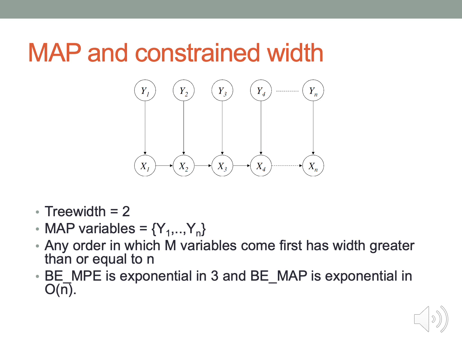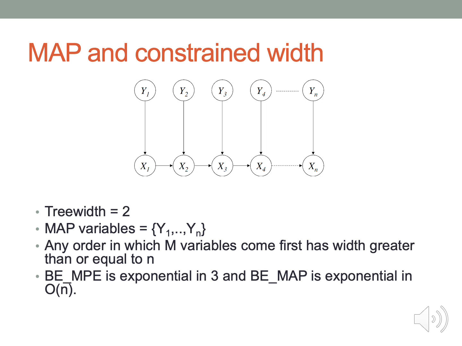Okay, thus computing MPE via bucket elimination, which I'm calling BE_MPE, will be exponential in 3, while computing MAP using bucket elimination, and I'm calling that algorithm BE_MAP, will be exponential in order of n. Okay, so one is exponential in a constant and one is exponential in n, which is a variable.